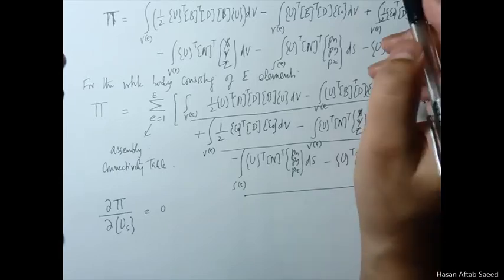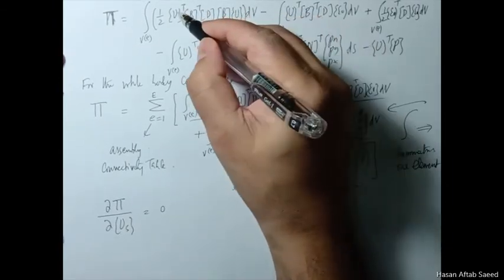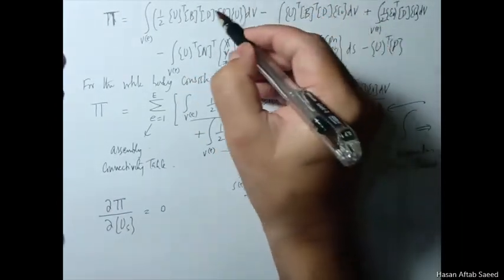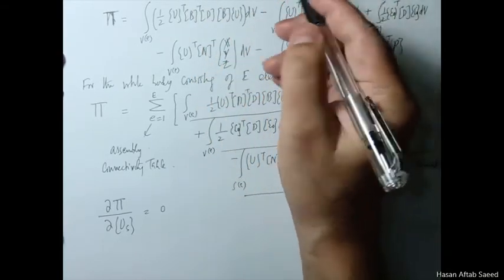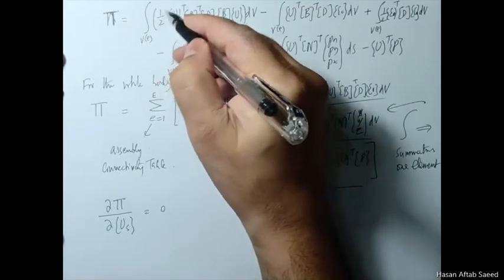So similarly here, u transpose and u are written this way because this is the only way you can multiply them, but essentially they are the square of u. So when you differentiate this, the power 2 becomes 1, and this 2 comes down and gets cancelled with this.